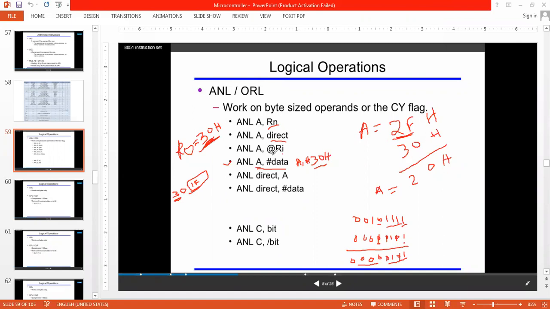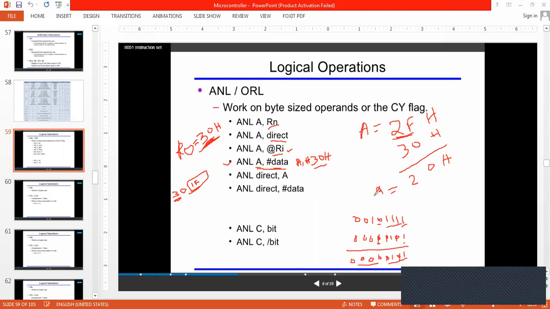Here we are accessing the data indirectly through the register, so this is register indirect addressing mode. And this is where we are accessing the data directly, immediately, so this is called immediate addressing mode. And one more is there, indexed addressing mode. That also I have told you, right?